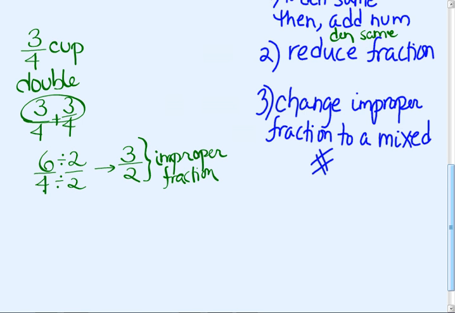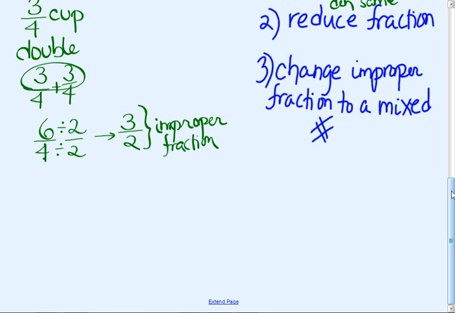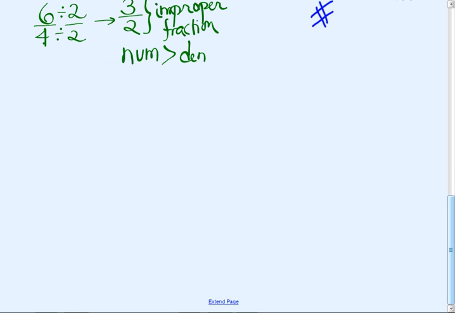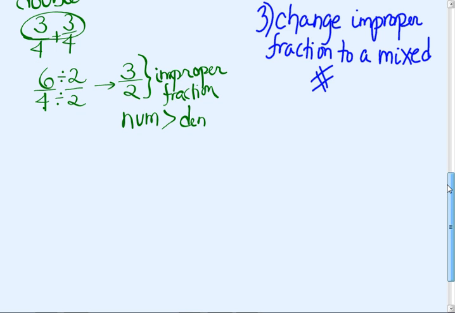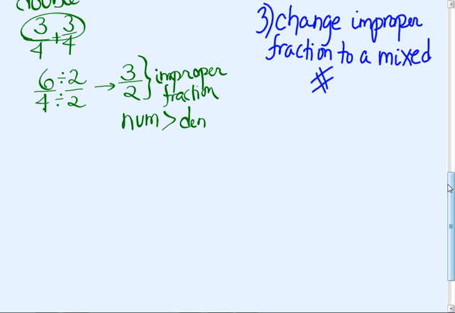Improper fraction: the top number, or the numerator, is larger than the denominator. So it's not proper. Now in algebra, I would leave it 3/2.